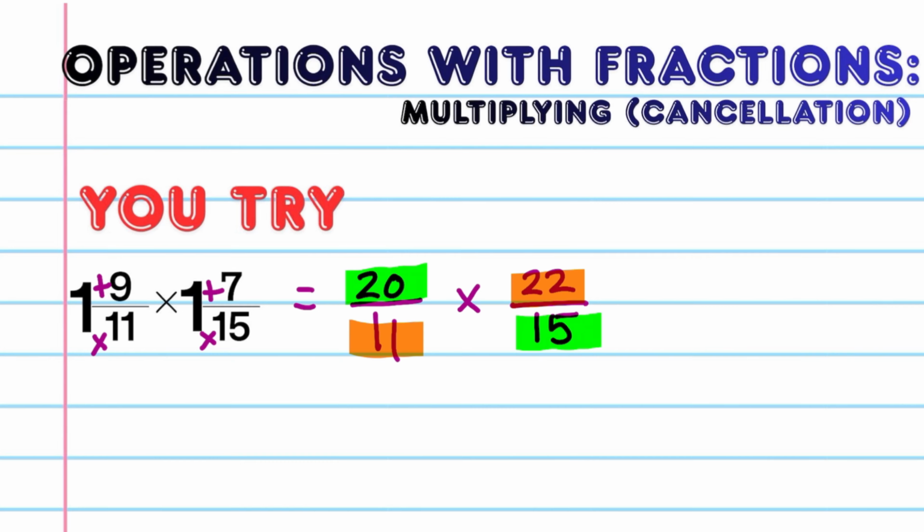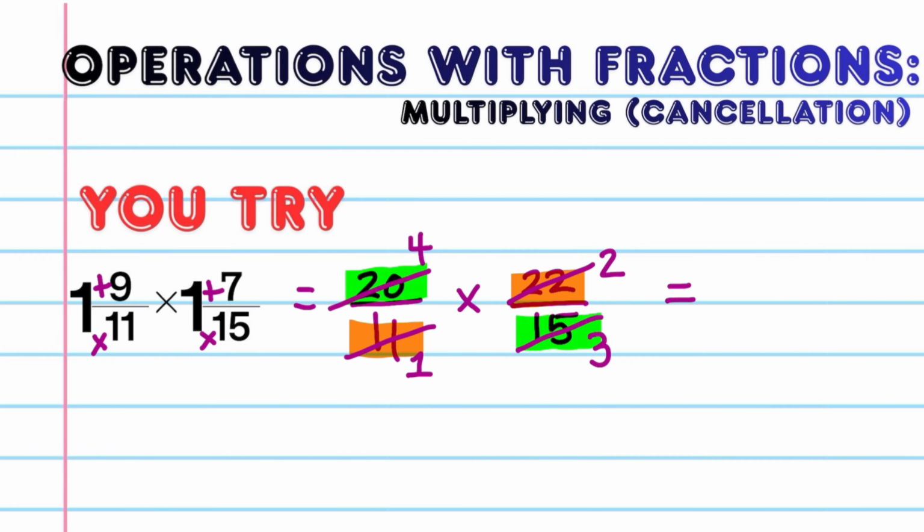So I'm going to divide 5 into 20, divide 5 into 15. 20 divided by 5 is 4. 15 divided by 5 is 3. Now I'm going to find the GCF between 11 and 22. The GCF between 11 and 22 is 11. So now I'm going to divide 11 into 11, which gives me 1. And then I'm going to divide 11 into 22, which leaves me with 2.